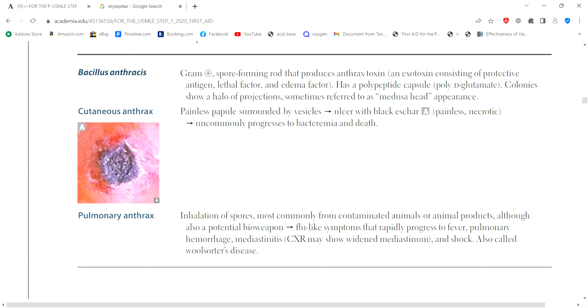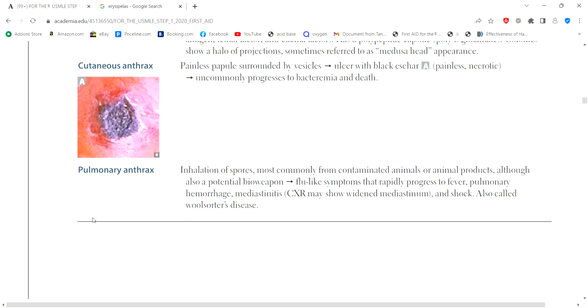This leads to an ulcer with black eschar. It's painless and it's necrotic. It can uncommonly progress to bacteremia and death. But this is not the dangerous one. It's unfortunate, but it's not dangerous. So the one that is dangerous is pulmonary anthrax.